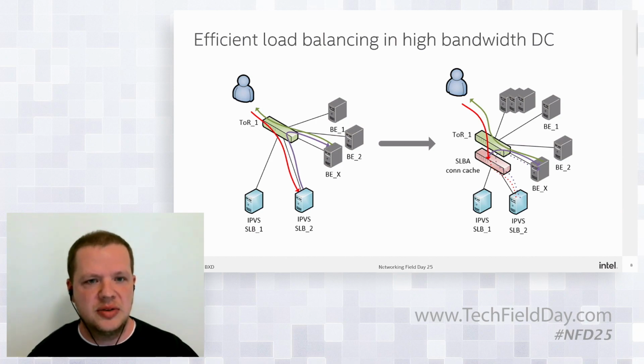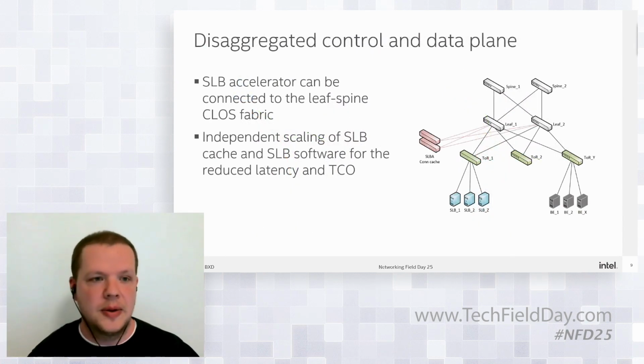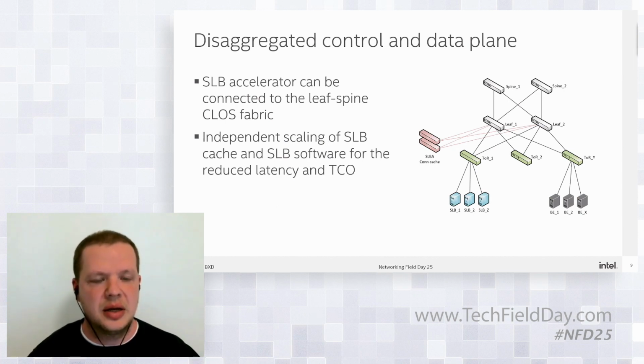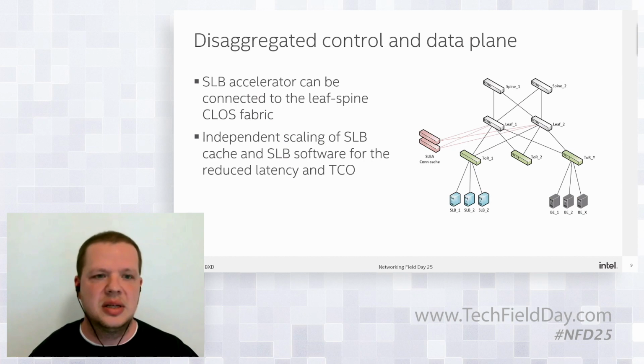Now, there are different ways how this can be deployed in the data center. And the most likely scenario that we see is by having the SLBA connected to the leaf spine fabric. The other benefit of disaggregating the data plane and the control plane is that these can be scaled independently.